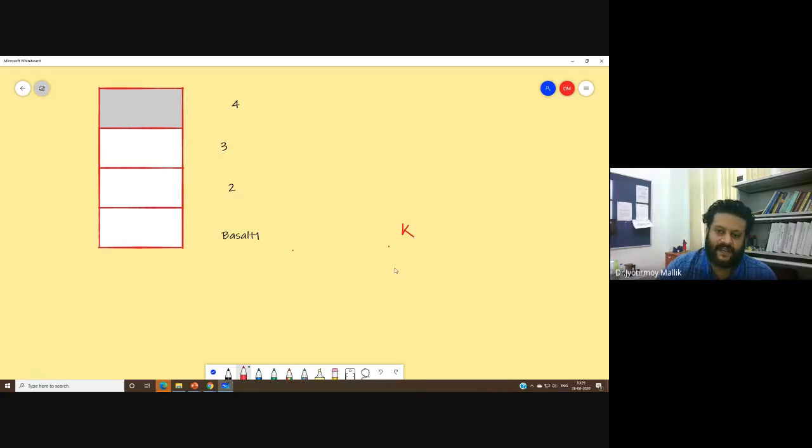This is a radioactive isotope, and potassium decays to, say, argon. There is a particular half-life associated with it. Say, for example, the half-life is, I'm just giving you an idea, I'm just throwing you a number, around, say, for example, 30 million years.